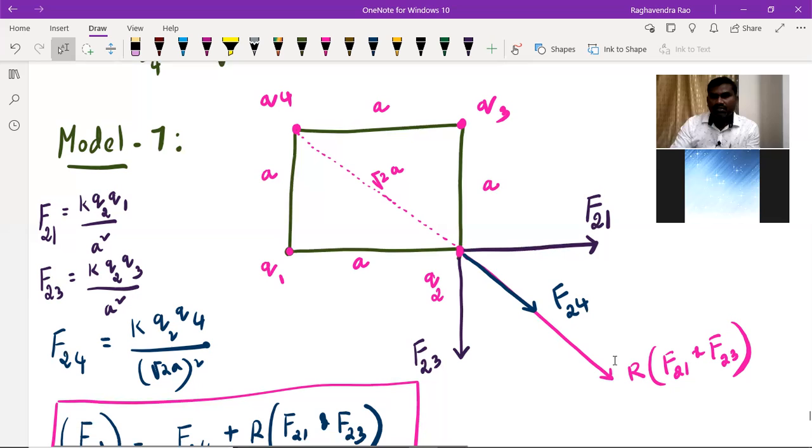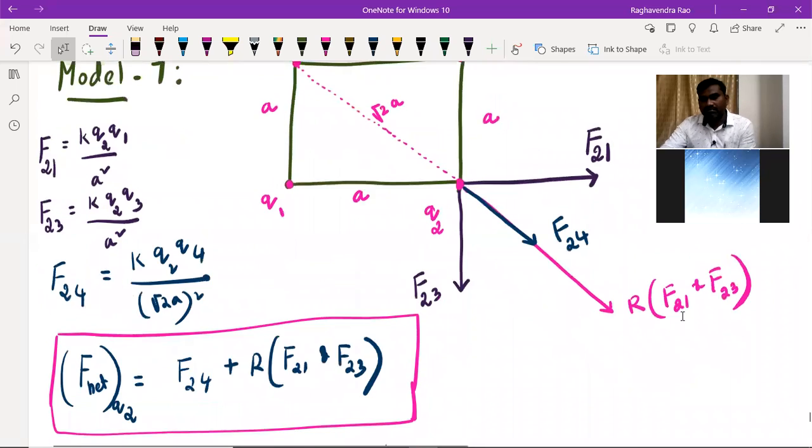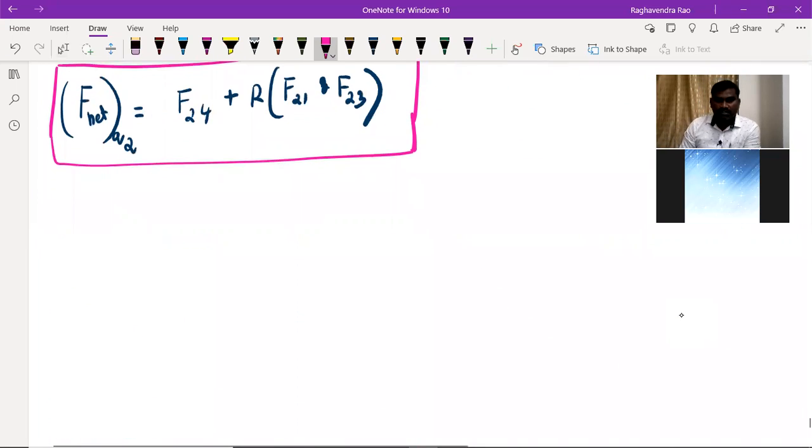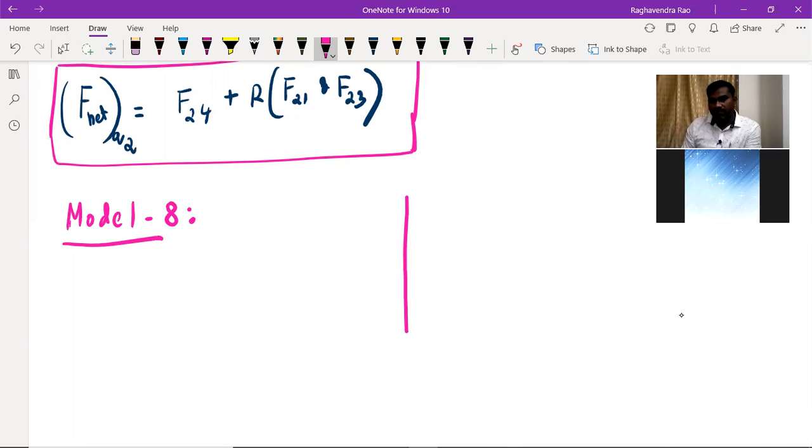This is a model. Okay, this is how we can calculate force, resultant force. Sometimes to simplify the question, for example, a square, same type of square they will give.